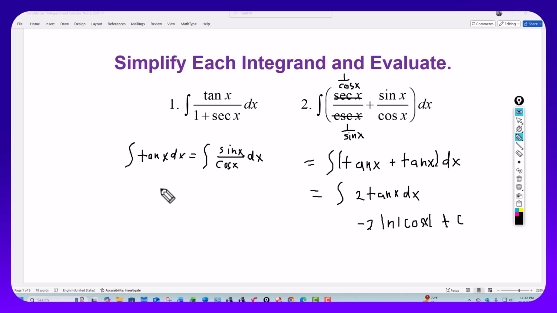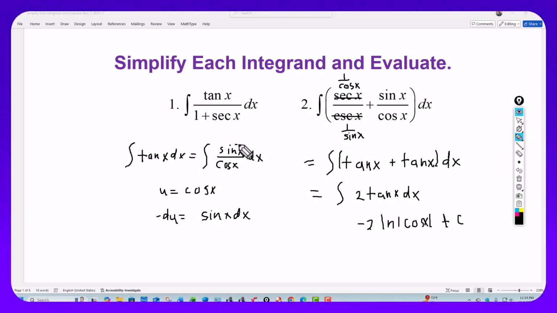And then we can use a u substitution here. u equal to cosine of x. So du would equal the derivative of cosine, which is minus sine of x dx. Let's multiply again by a negative, like we did in the last one. The negative cancels, and you put the minus over here.